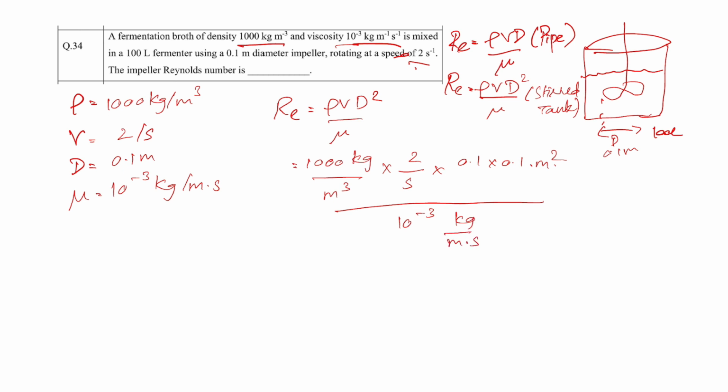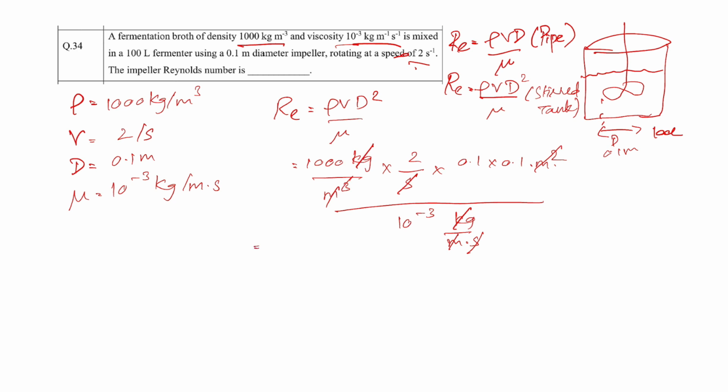Now cancelling out the units, the seconds in the denominators get cancelled out, the kilogram in the numerators get cancelled out, and meter square, meter, and meter all get cancelled out. So the Reynolds number is a dimensionless constant, just a number.